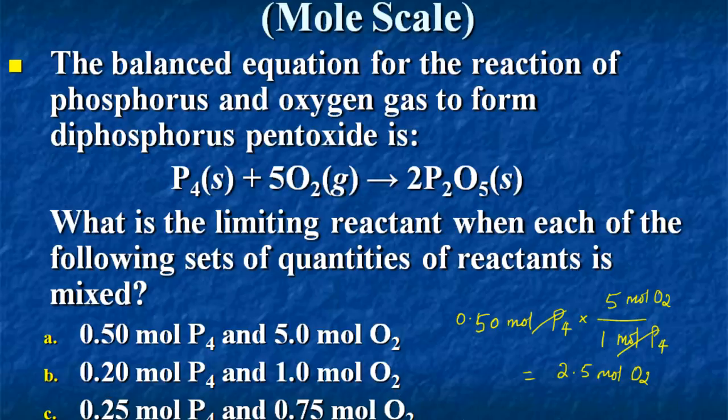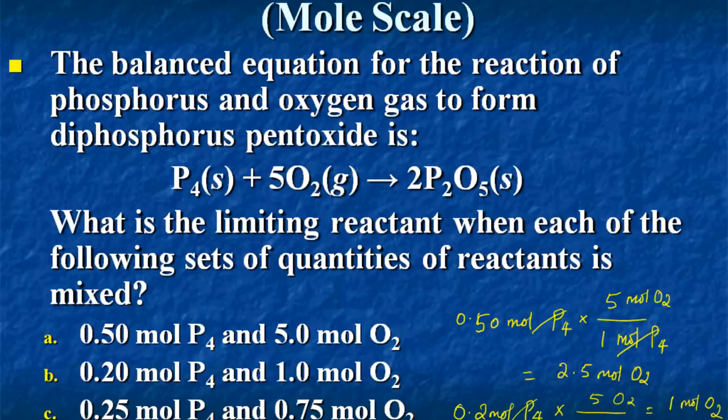How do we calculate that? 0.2 mole of P4 multiplied by the mole ratio again from the balanced equation, which is 5 O2 per 1 P4. So how many O2 you need? You need 0.2 times 5, which is 1 mole of O2. So this is what you need.